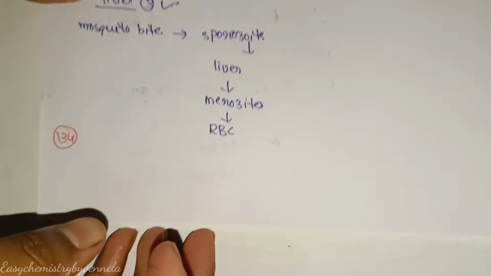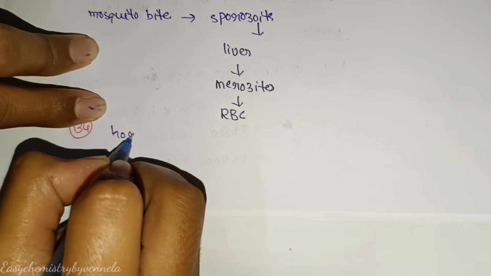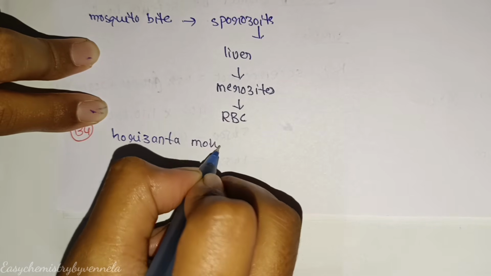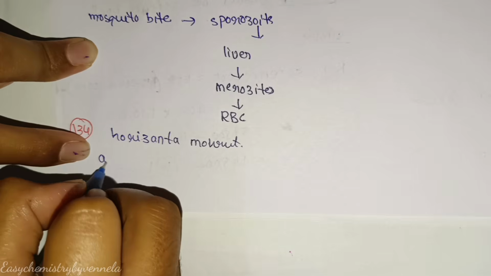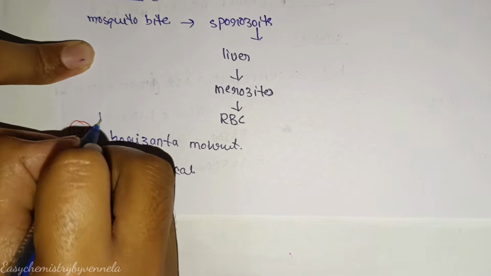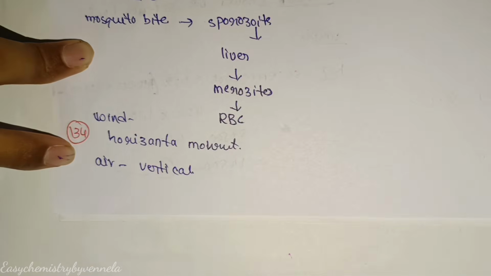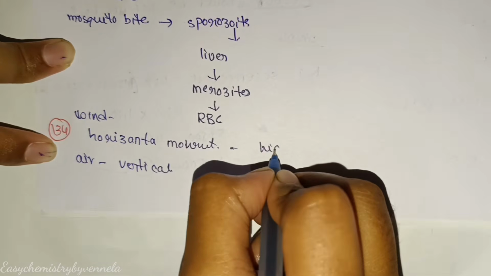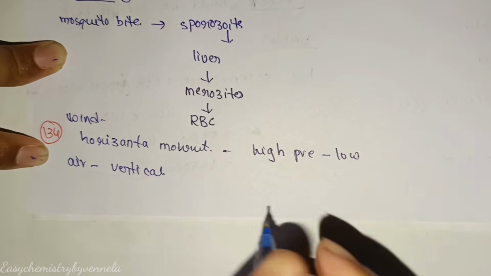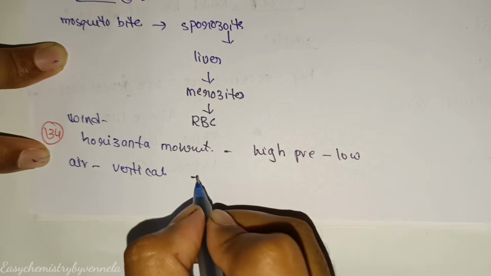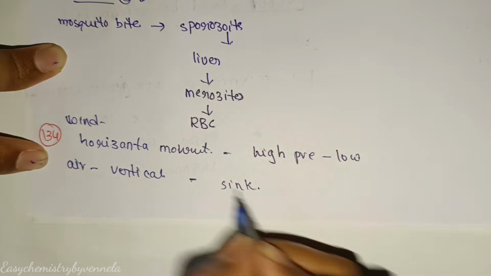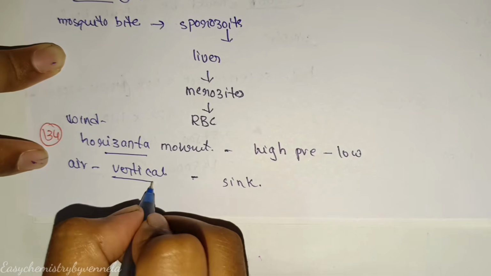In this, wind refers to horizontal movement and air currents refer to vertical. Wind is generally from high pressure region to low pressure region. In air currents, warm air becomes less dense and rises. Cooler, dense air sinks. Horizontal and vertical. So the fourth one is the correct one.